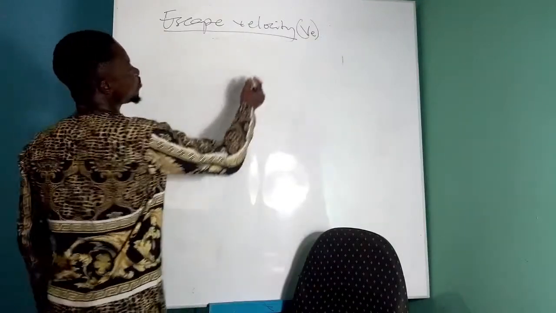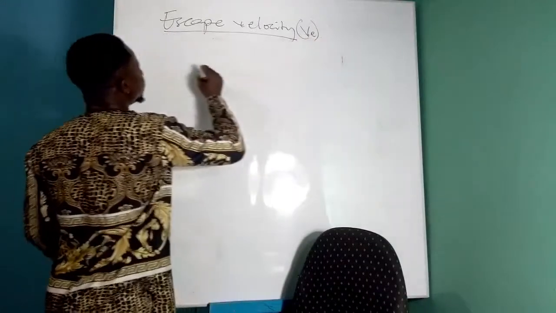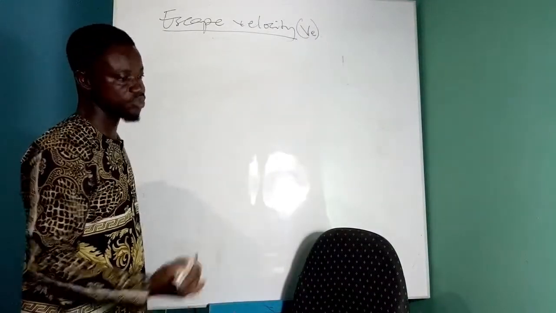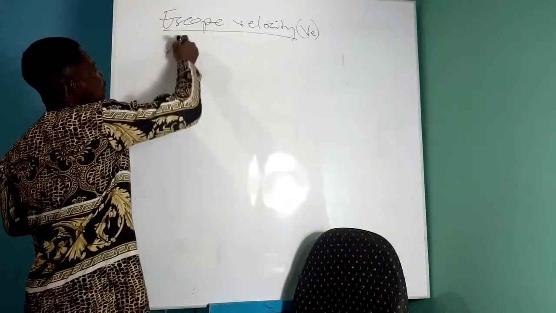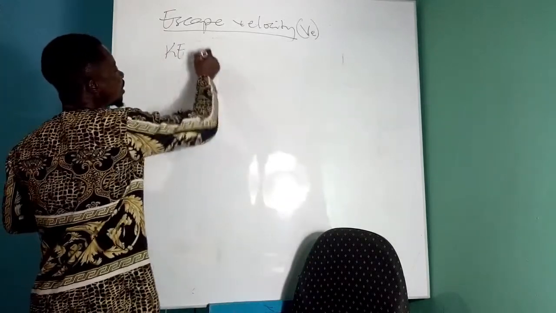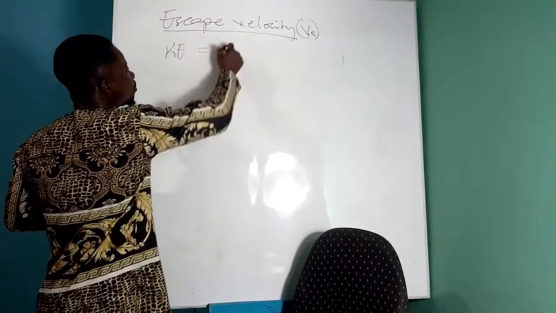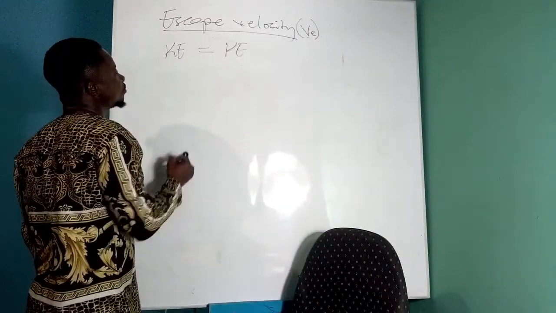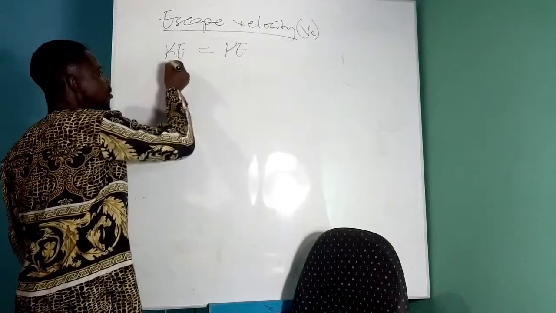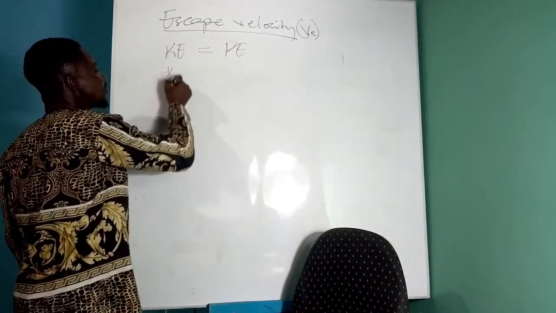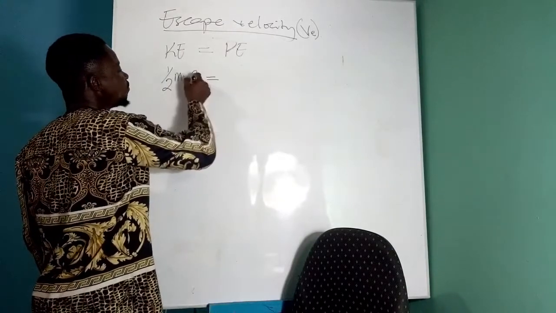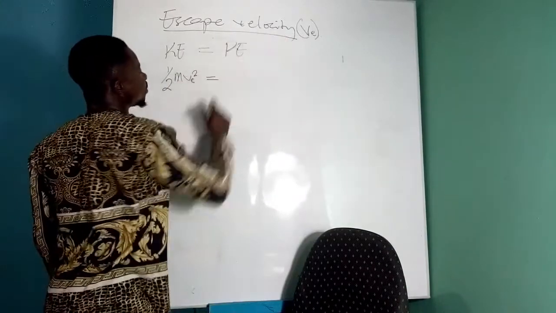For purposes of this topic, let the escape velocity be VE. From the condition for a body to escape, we saw that the kinetic energy given to the satellite must be equal to the gravitational potential energy. So all of us know that kinetic energy is given by half mv squared, where v is VE, the escape velocity.